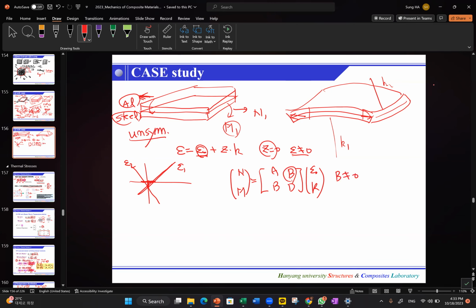How can we say that? Well, as you know, moment M1 causes not only curvature but also epsilon zero. Notice that at z equals zero, strain is not zero, which means that we have this term as well. So for that one, we notice that B is not equal to zero.